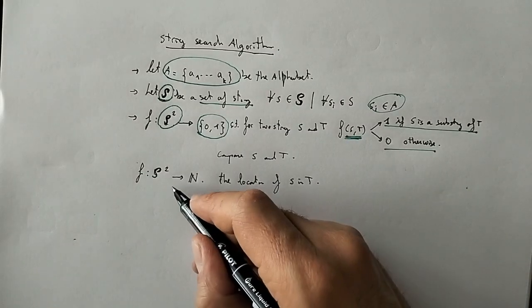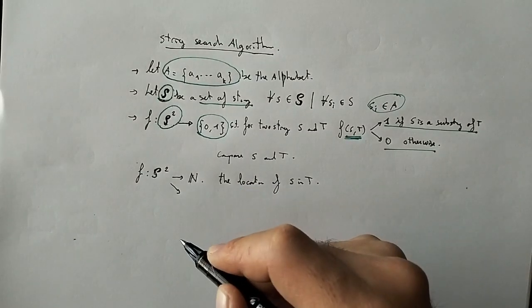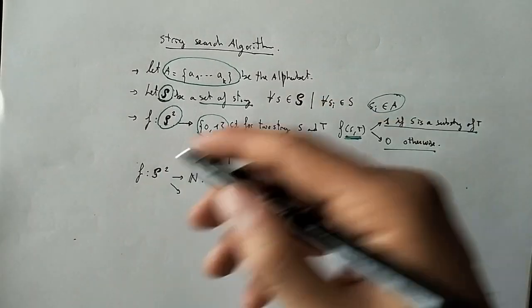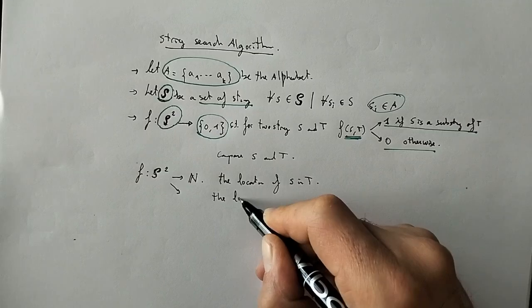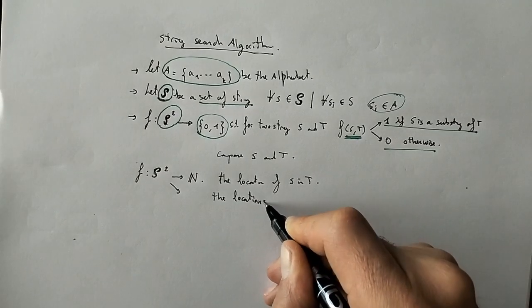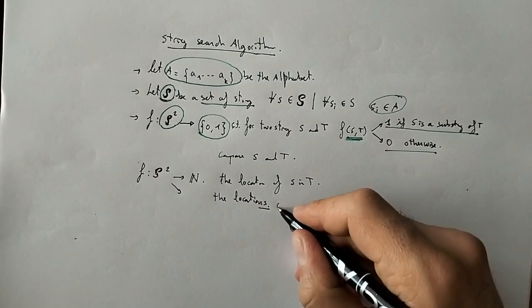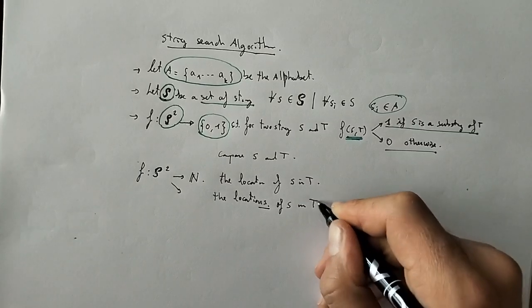Or it can even be another variant of this function that could output the locations, so all the possible locations of S in T.